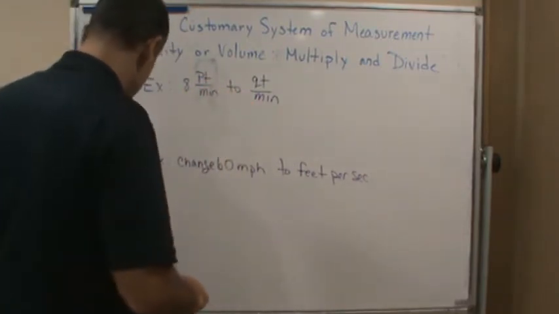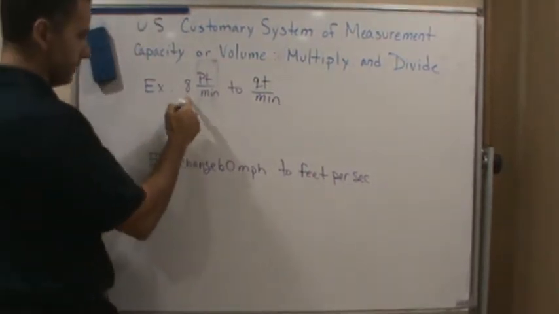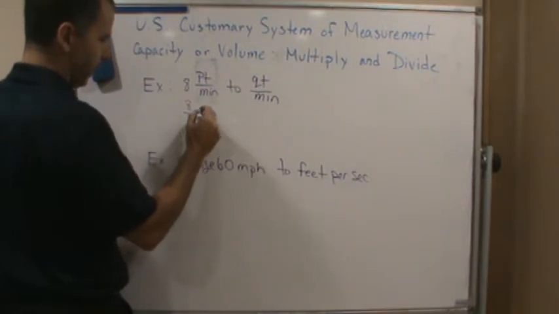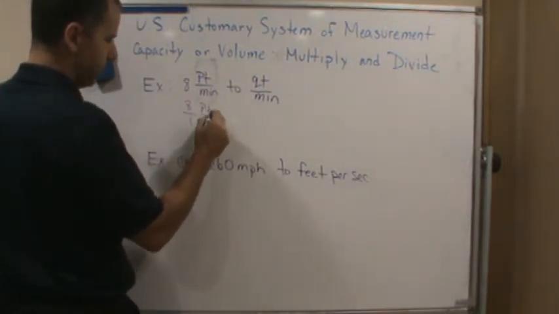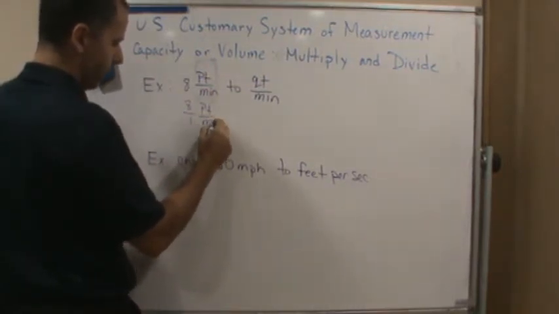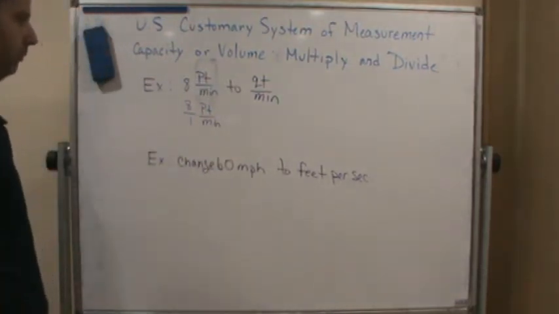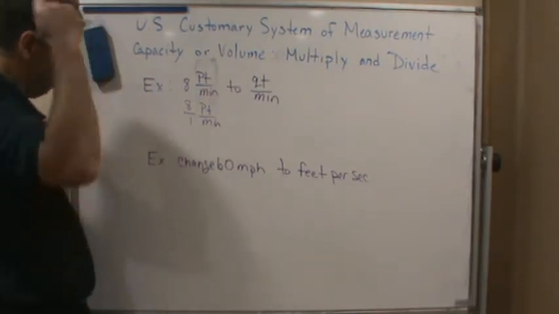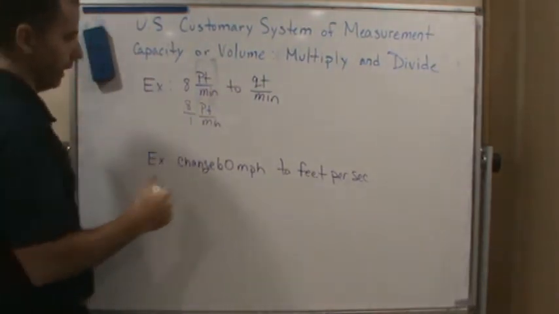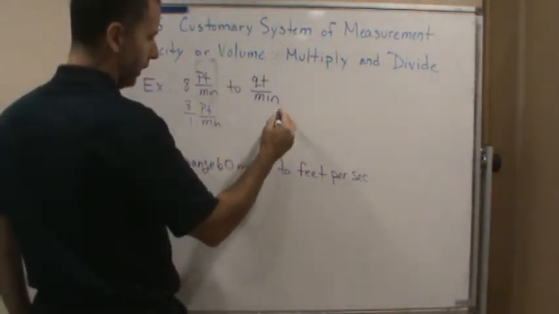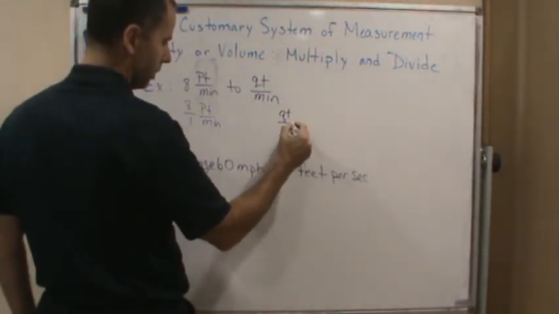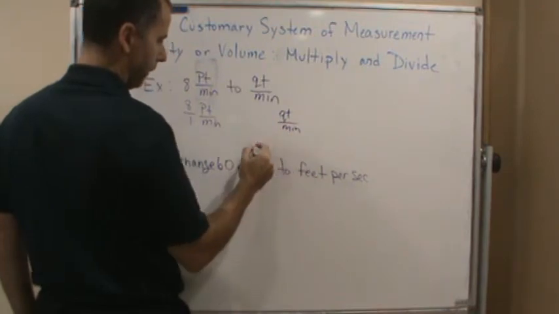So the first thing we're going to do is write this as 8 over 1, and we have pints over minute. So we could say 8 pints per minute. Now, what is my goal? I want to get to quarts per minute.